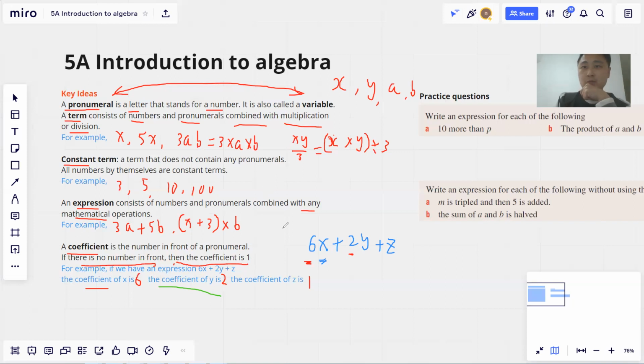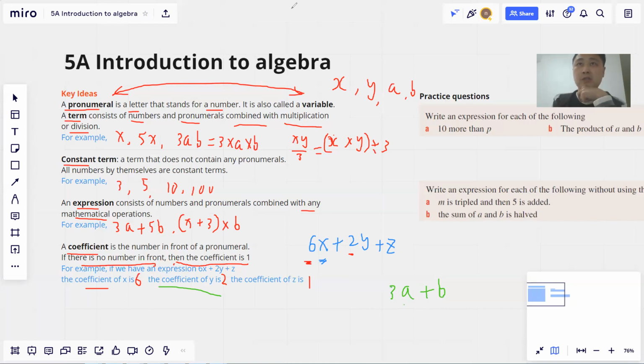Okay, so let's do one more example. Let me just use a different color. So if I have, for example, 3a plus b, I want to find out what is the coefficient of a.